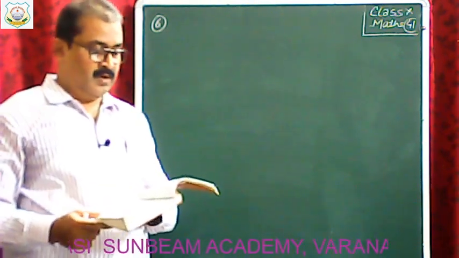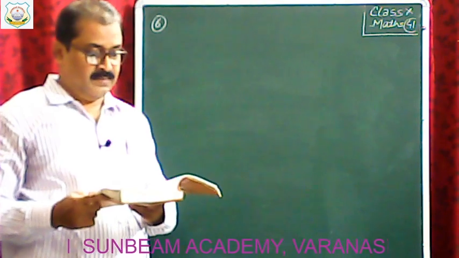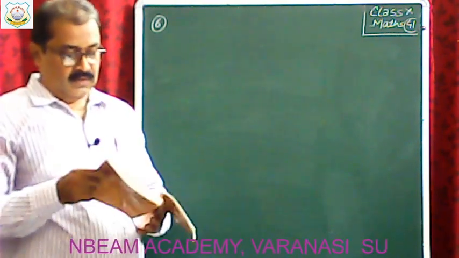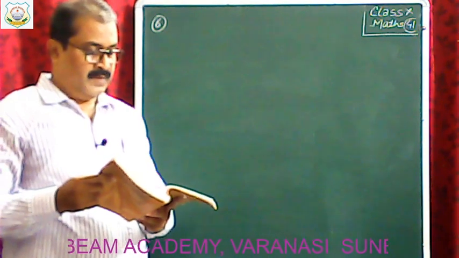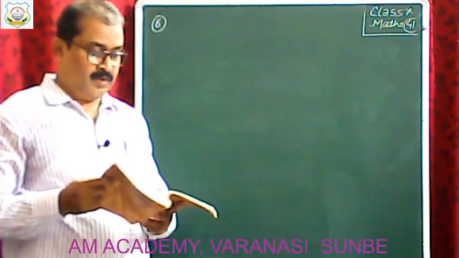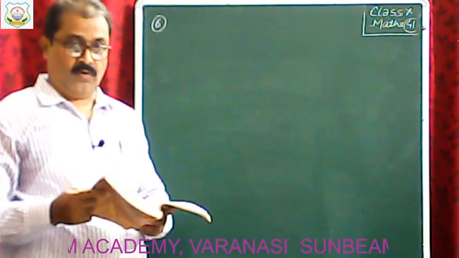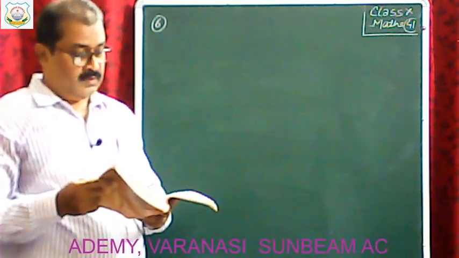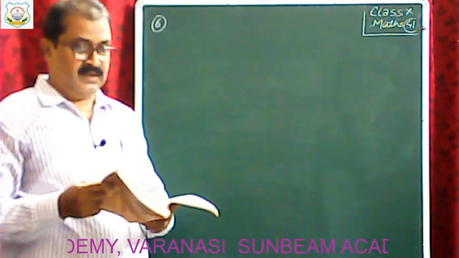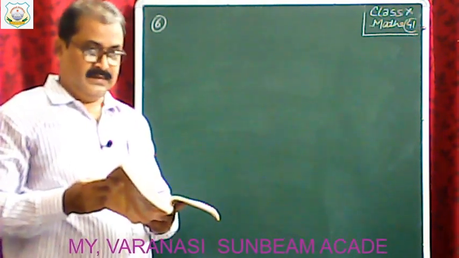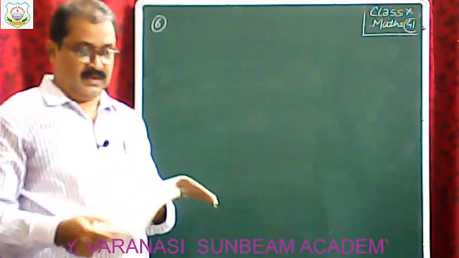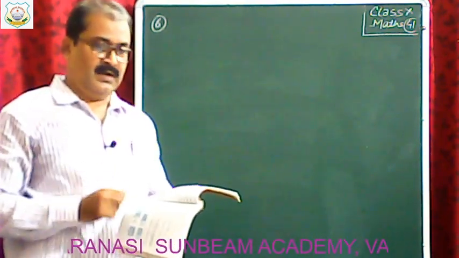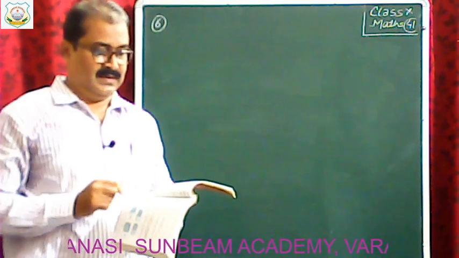Listen again. A cottage industry produces a certain number of pottery articles in a day. It was observed on a particular day that the cost of production of each article was more than twice the number of articles produced on that day.